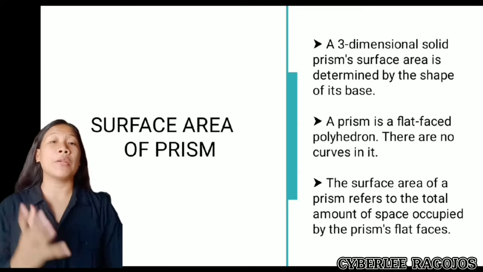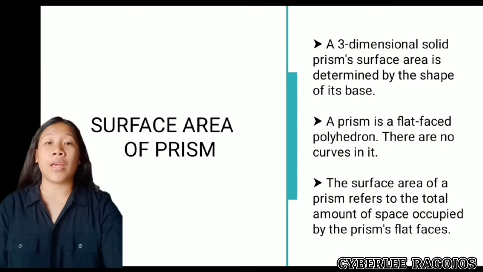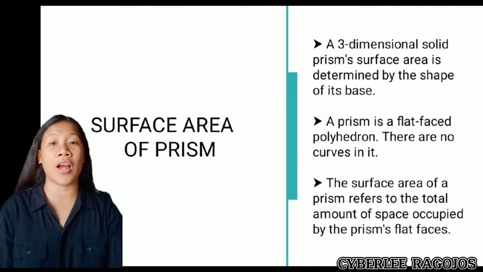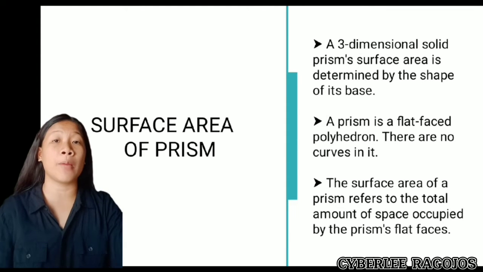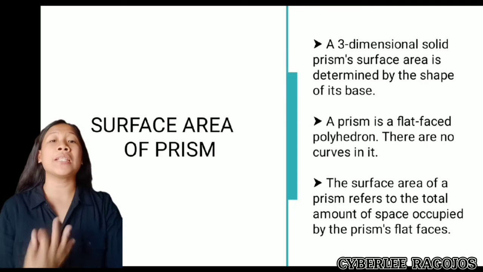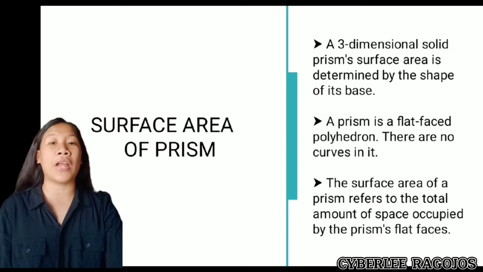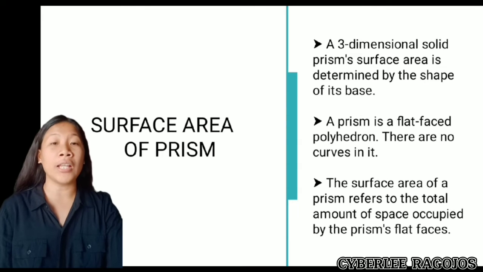So, ano nga ba yung surface area of a prism? It is a three-dimensional solid prism whose surface area is determined by the shape of its base. A prism's surface area is the total area occupied by the prism's faces. A prism is a flat-faced polyhedron. There are no curves on it.